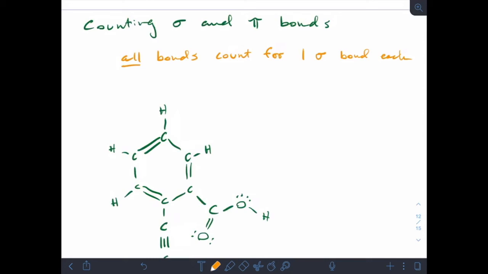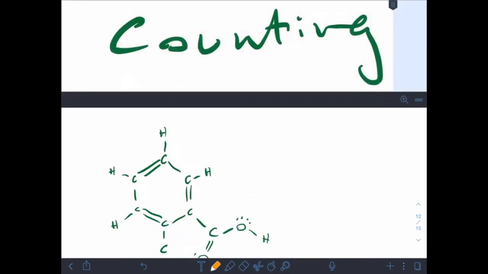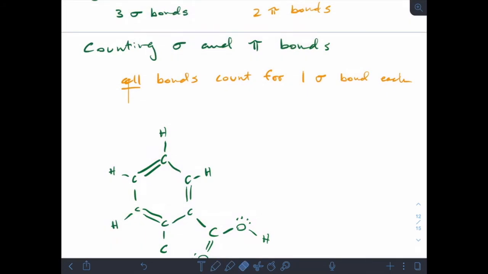So the first thing you want to do is just count up all of the places where there's a bond happening. And then any extra lines count for one pi each.